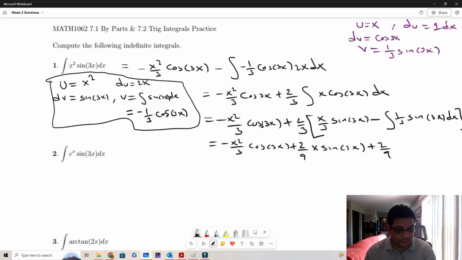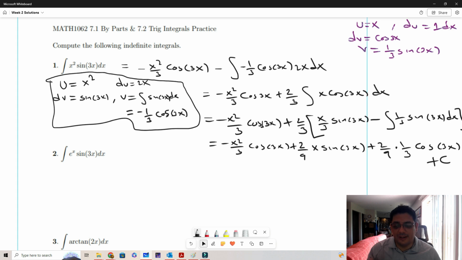That's why minus with minus becomes a plus, and then we get another 1 over 3 cosine of 3x. And so this needs a plus C here, and that'll be the end of this first integral. So as you can see, when you're doing integration by parts, you might need to do parts more than once in the same integral. Doing parts just once is not necessarily going to give you right away the end result that you want.